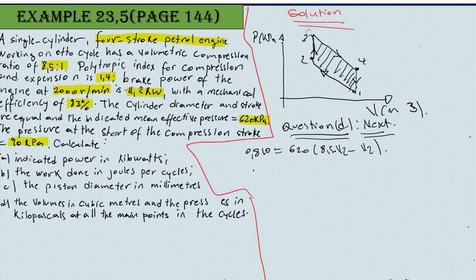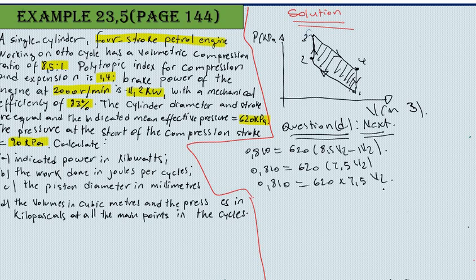Because there is one in front of V2, I just need to take 8.5 minus 1, so I'm gonna remain with 7.5. So I have 0.810 is equal to 620 multiplied by 7.5 V2.